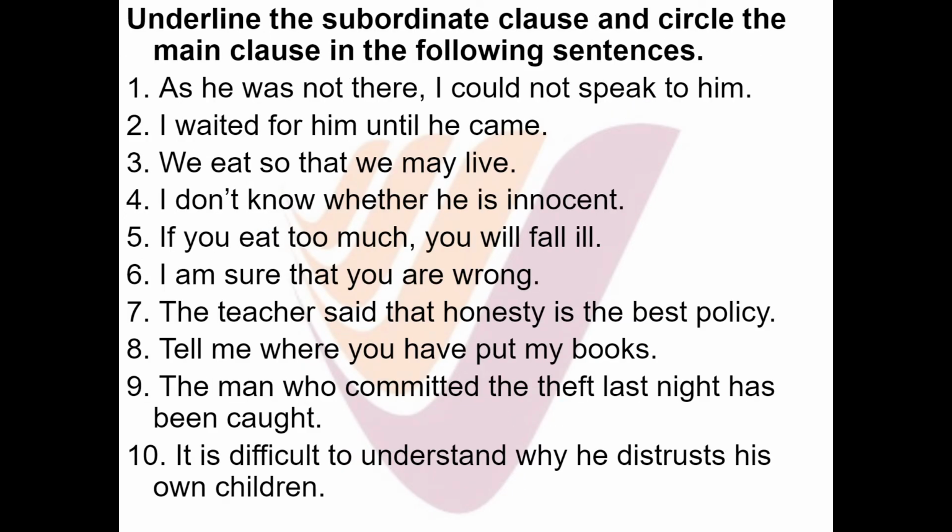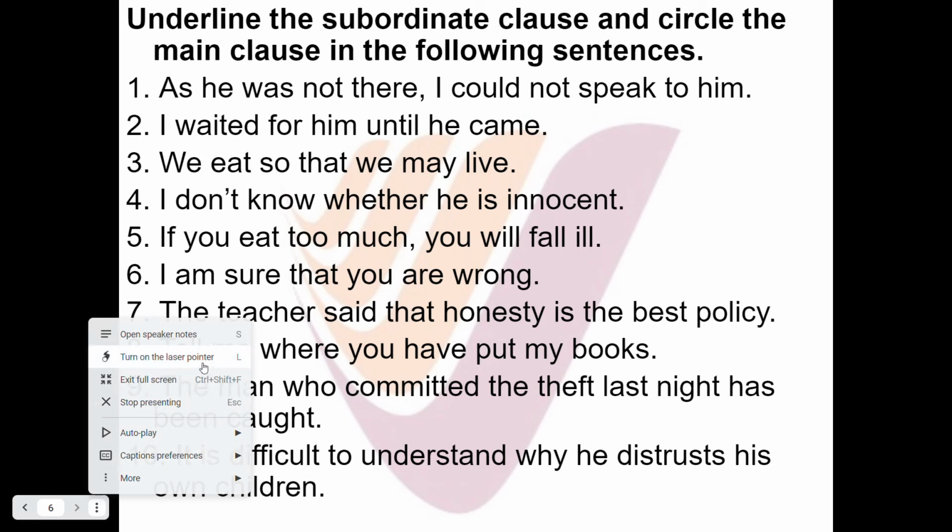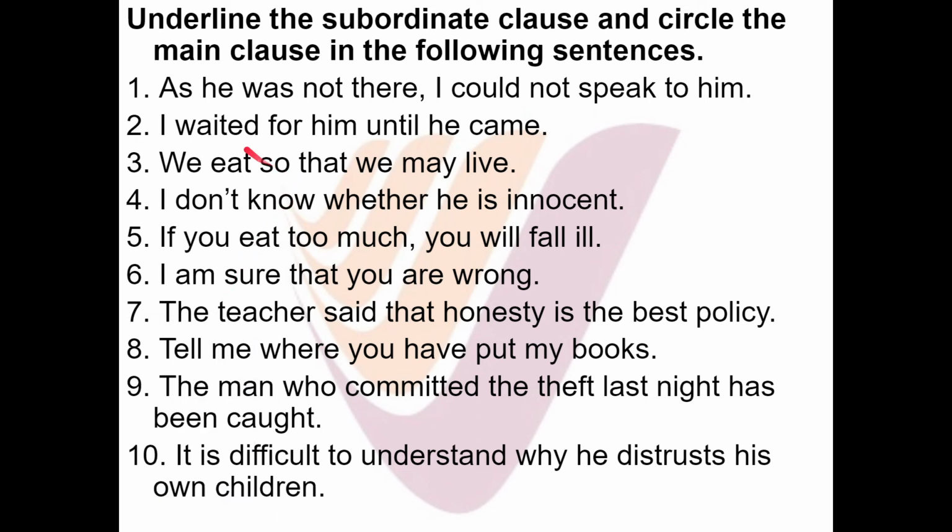So here are some exercises for you. Do it. Pause the video, do it, and then start the video again. Yeah, here are the answers for this. They said to underline the subordinate clause and circle the main clause in the following sentences. Now I'll say what the subordinating clause and what the main clause is in each sentence.